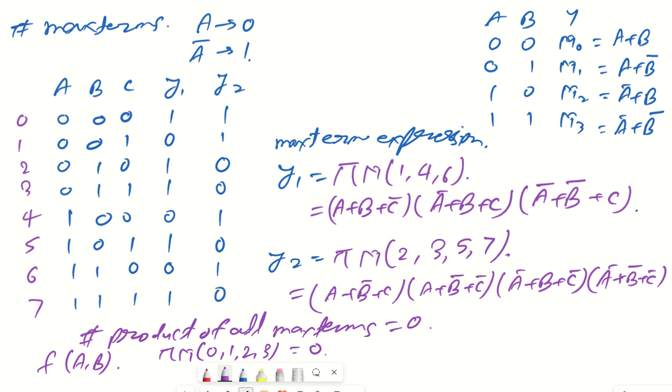Now let us see some of the properties for max term and min term in a broader way. Because this is a very important topic, I am going to cover the properties of min term and max term.